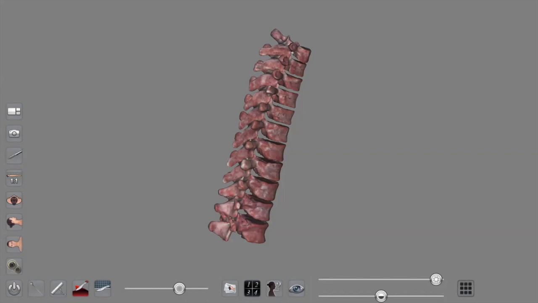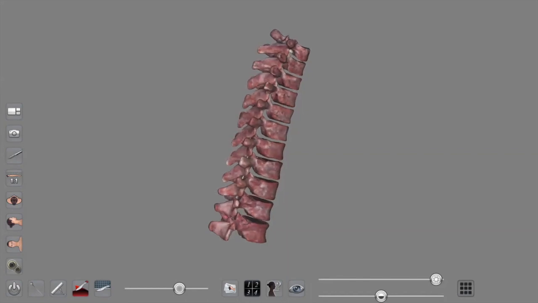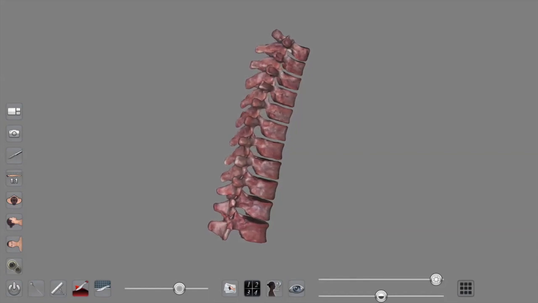The third functional segment of the spine is the thoracic spine. This functional segment includes the vertebra T2 to T12. Remember, T1 is considered part of the lower cervical functional segment.